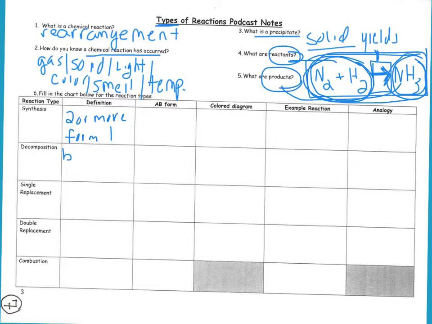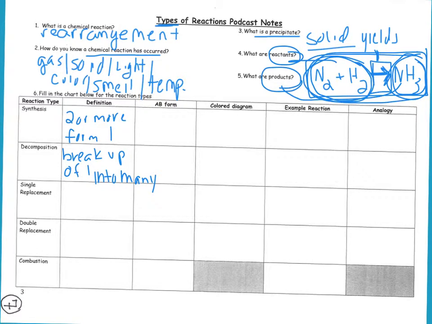That would basically be the breakup of one species or one chemical compound. All right, that's the breakup of one, usually into many, two or many.